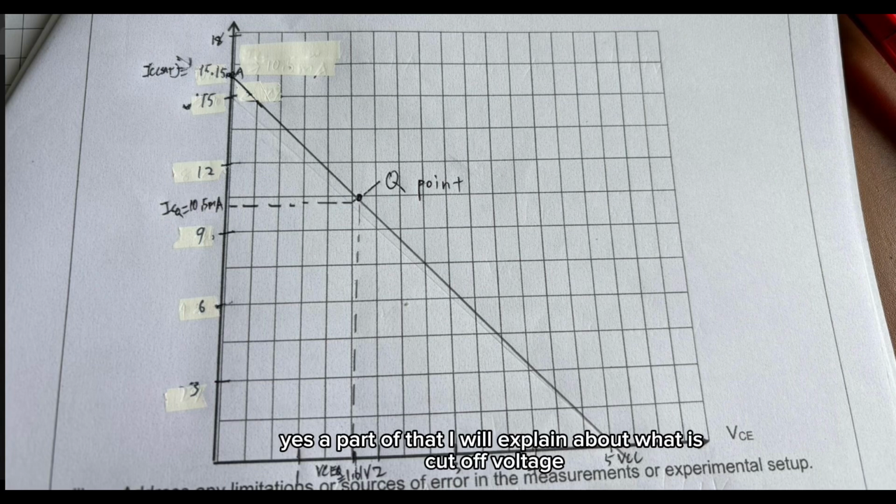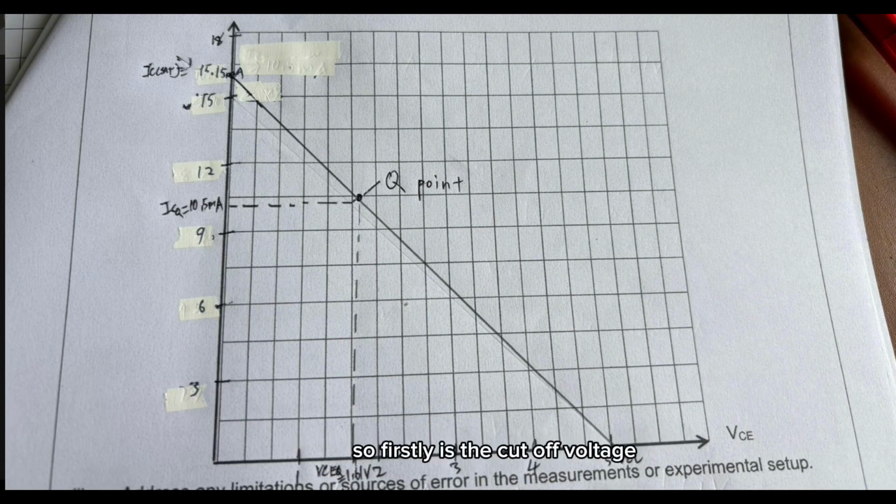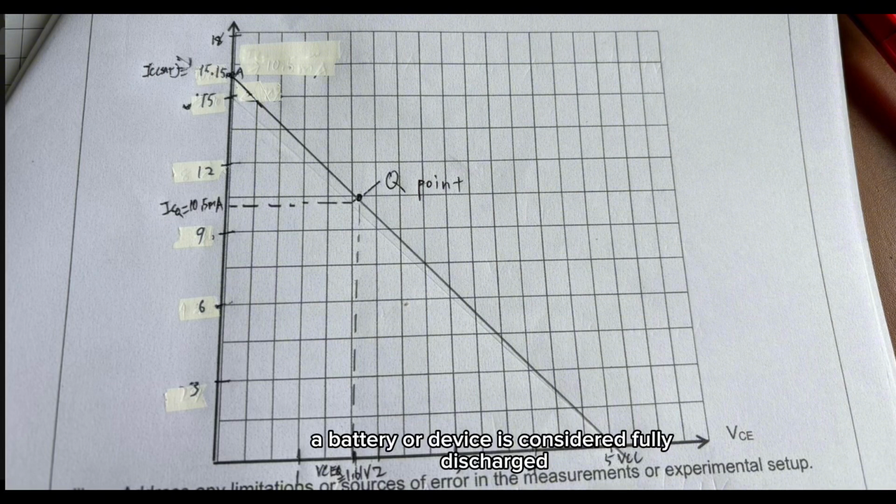Apart from that, I will explain what cutoff voltage is. Cutoff voltage is the minimum voltage level at which a battery or device is considered fully discharged and stops operating, to prevent damage from over-discharging.